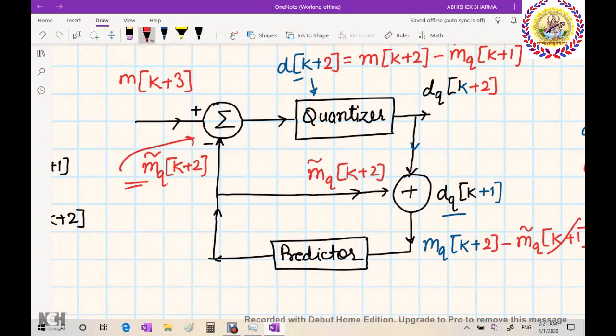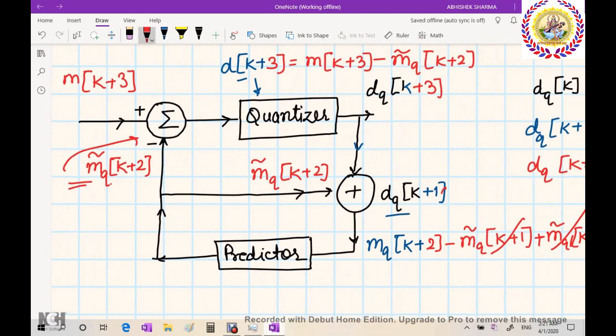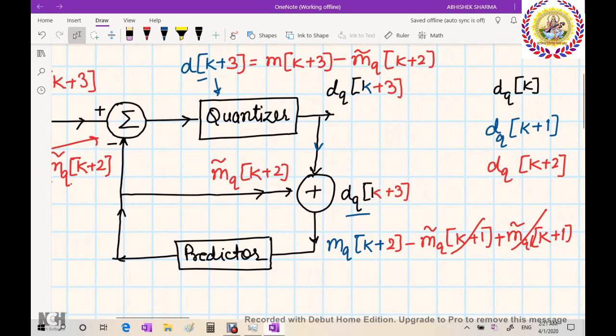So for this point, the value will be d(k+3), and it will be m(k+3) minus the estimation value of mq(k+2), and here the value will be d(k+3) again.